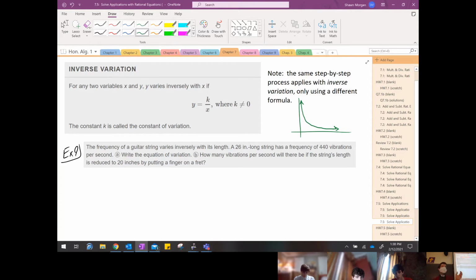This is like driving at a fixed distance. Let's say I got 100 miles to go. The faster I drive, the less time it takes, and the slower I drive, the more time it takes. That's an inverse relationship. I also used the example in class earlier in the week about a balloon. At a constant temperature, a decrease in volume is going to increase what?